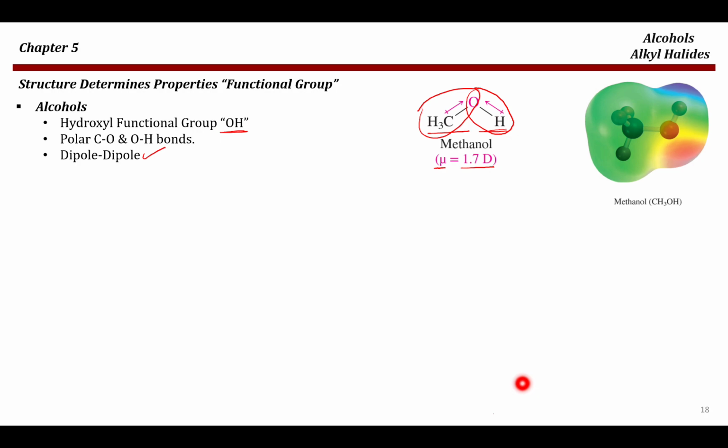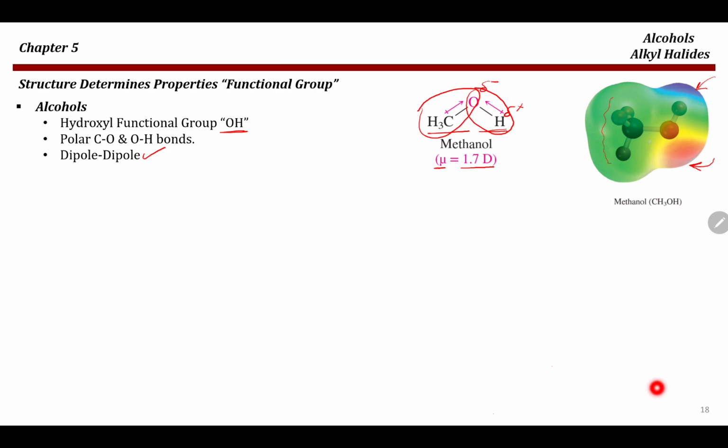And the electrostatic potential map also gives more information about the polarity of methanol. As you can see here, this red region indicates that we have high electron density around the oxygen, and then this blue region indicates that we have low electron density around the hydrogen, and this is again because this is a polar bond, so hydrogen is partially positive, oxygen is partially negative, and this is almost a green region.